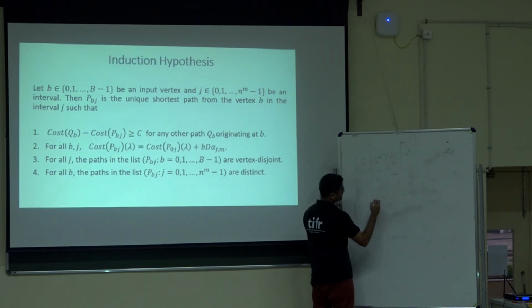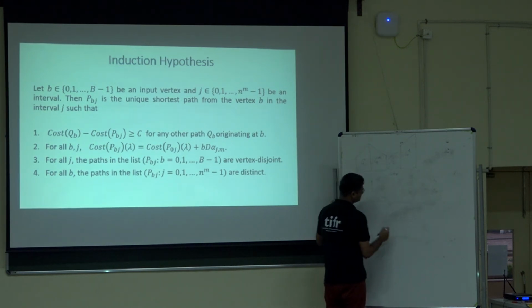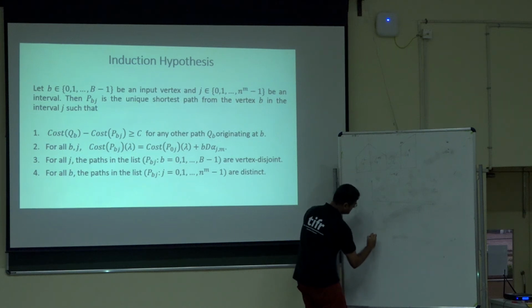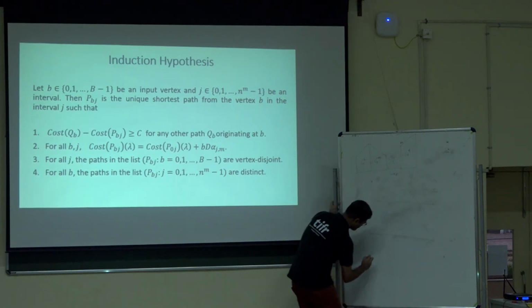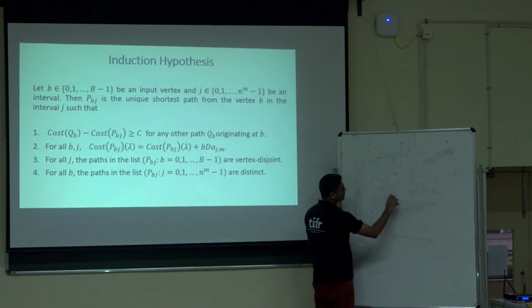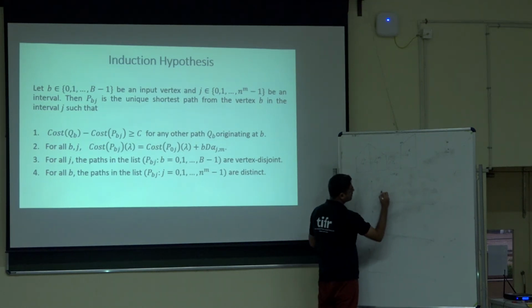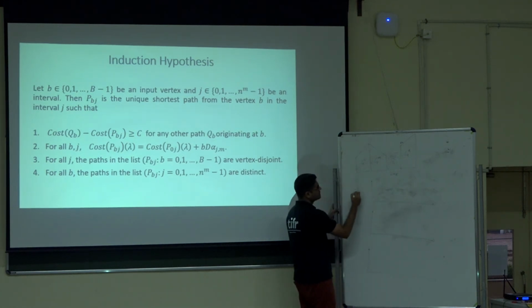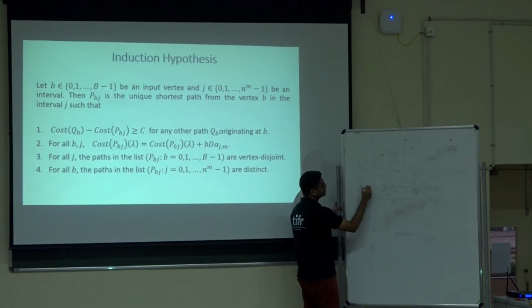So, you have these three graphs. This is the combination of Gn and Gm.